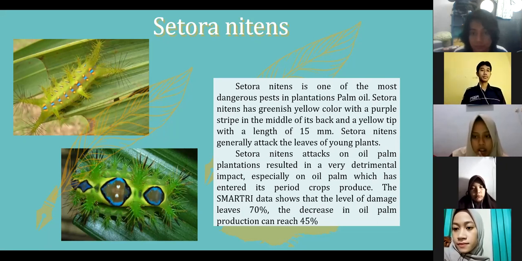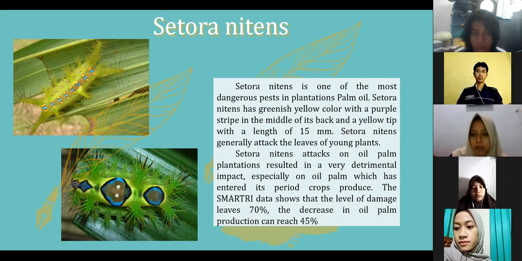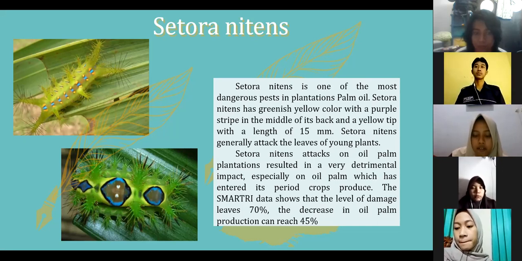Setora nitens attacks on oil palm plantations have a very detrimental impact, especially on oil palm that has entered its crop-producing period. The SMART-3 data shows that the level of leaf damage is 70%. The decrease in oil palm production can reach 45%.